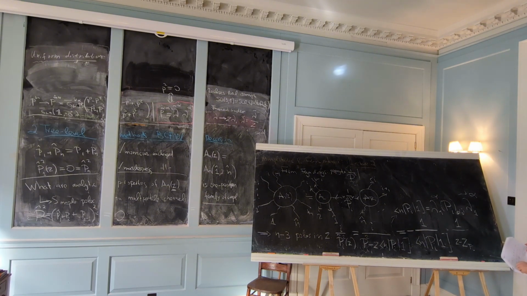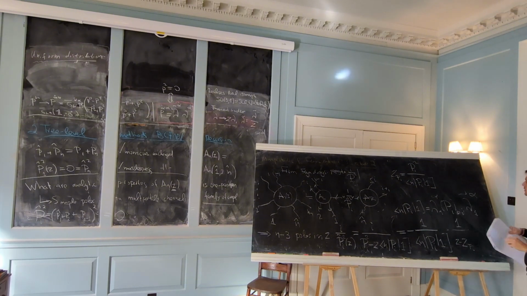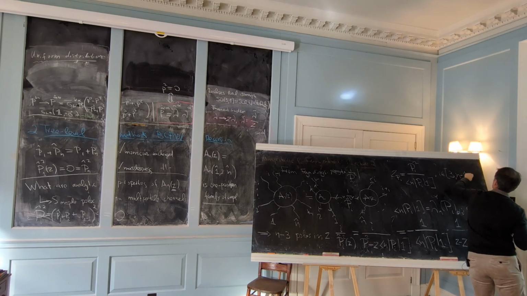Let's try to unpack the information. i belongs to 3 to n minus 1.